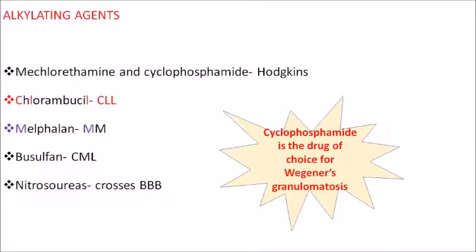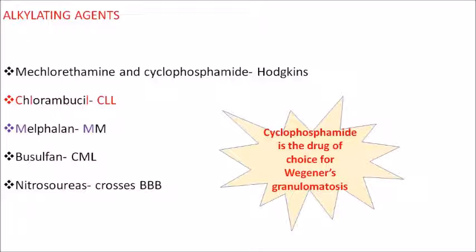Coming to alkylating agents, what they do is alkylation of the DNA strand and result in its breakage. So given below are some alkylating agents, and the cancer they treat primarily. So mechlorethamine and cyclophosphamide: remember our code "me on cycle to Infosys met with corona". Mechlorethamine and cyclophosphamide both are used to treat Hodgkin's lymphoma.